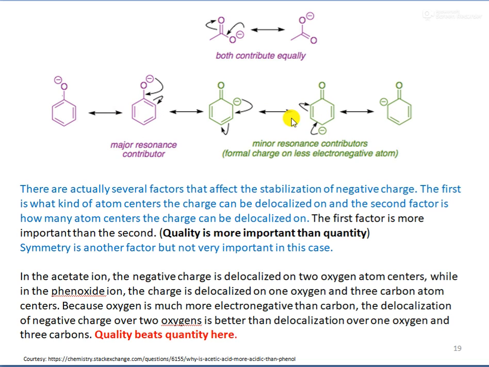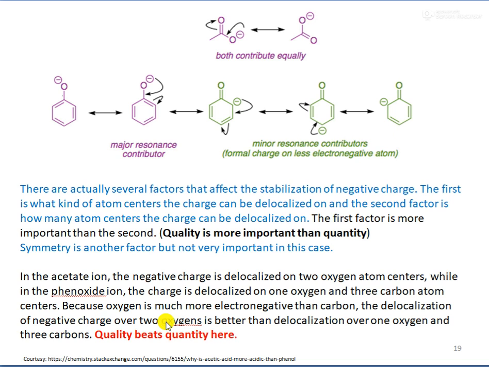So that is why in the case of a carboxylic acid, because this resonance stabilization is very effective, it can easily give off the H plus ions, whereas in phenols this resonance stabilization is not much effective.